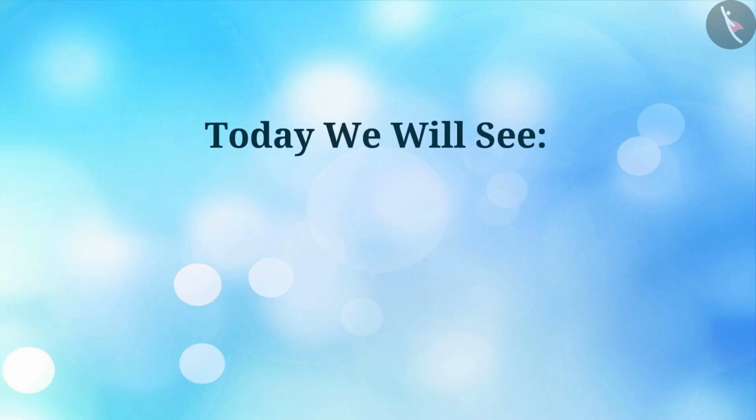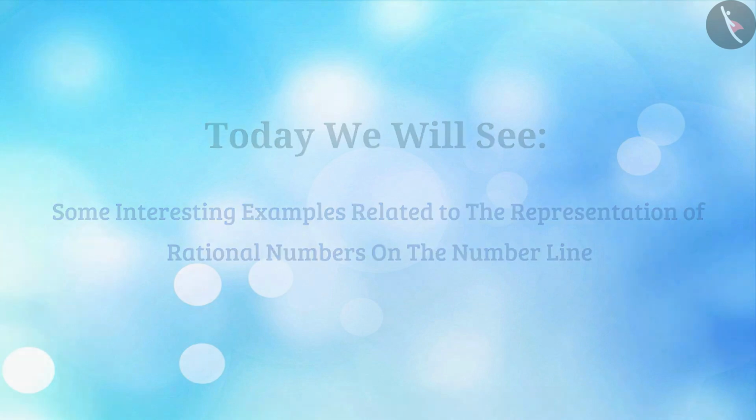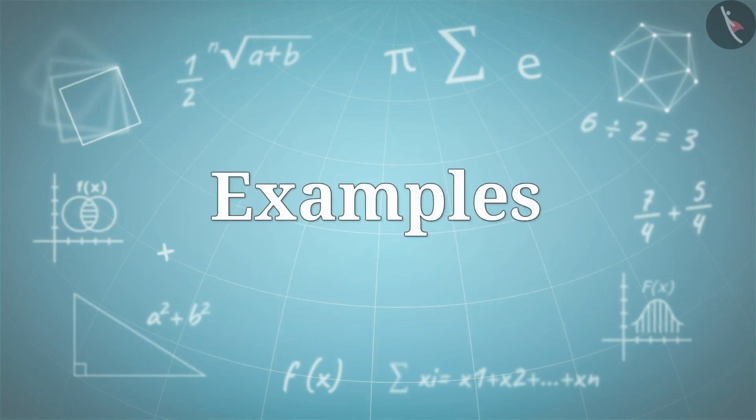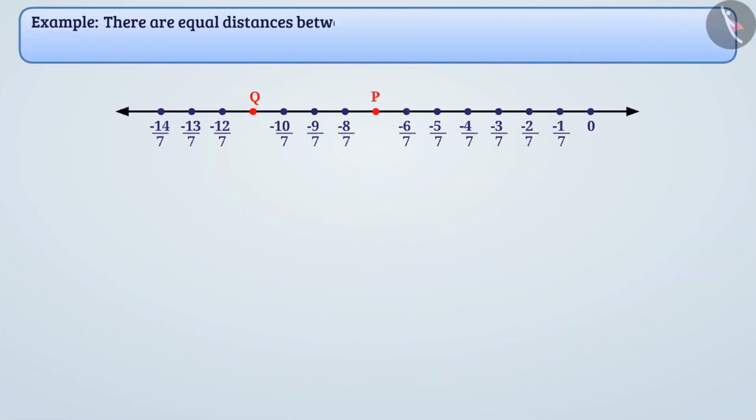Today we will see some interesting examples related to representation of rational numbers on the number line. There are equal distances between any two points on the number line shown below.